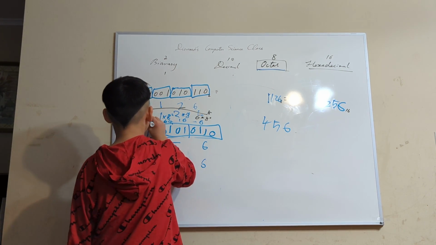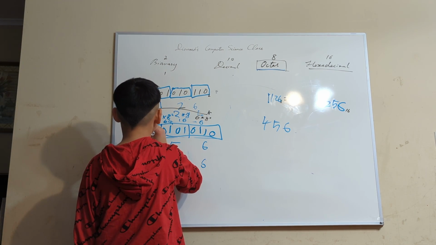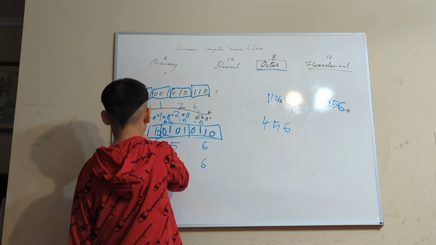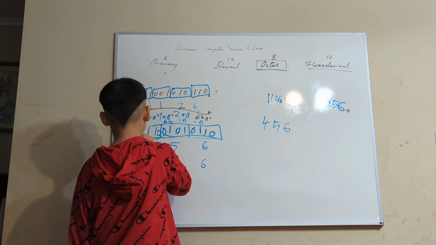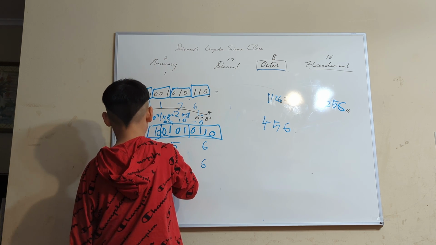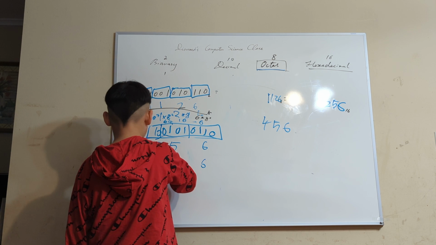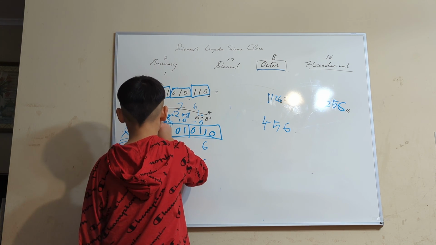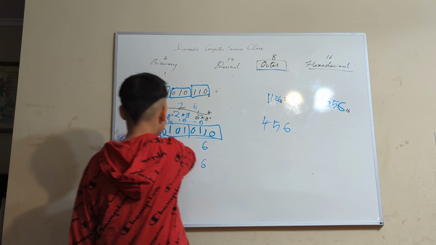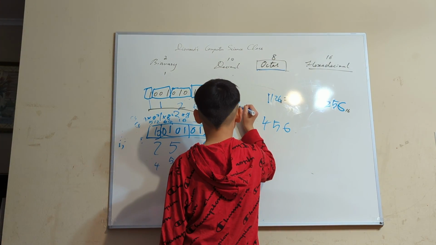And this is 1 multiplied by 8 power of 3, and that is 64 multiplied by 8, which is 512. Yes. You need to add all of them together, right? Yes.